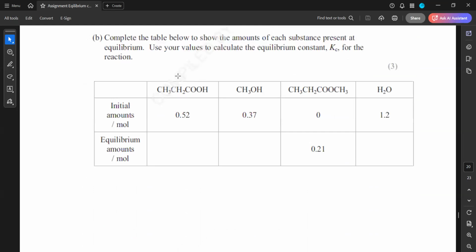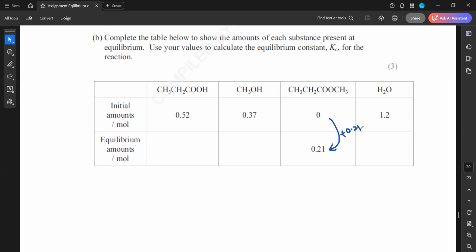Complete the table for each substance present at equilibrium and use the values to calculate the value for Kc. Initially we have 0.52, 0.52, 0 and 1.2. Water was originally present, that's why we wrote 1.2. At equilibrium, how many moles are produced? 0.21 moles are produced.